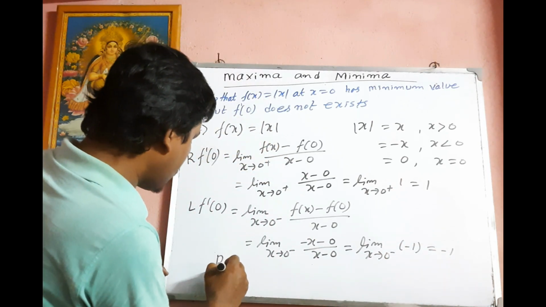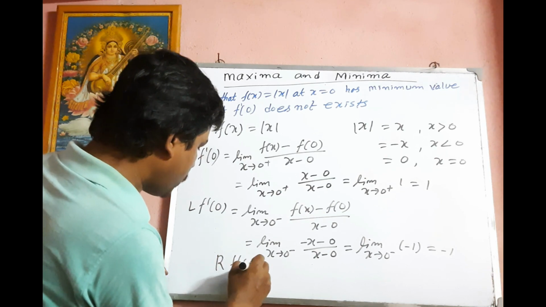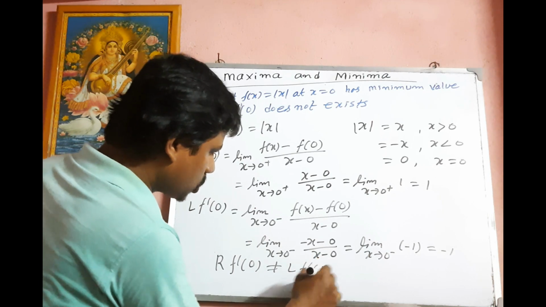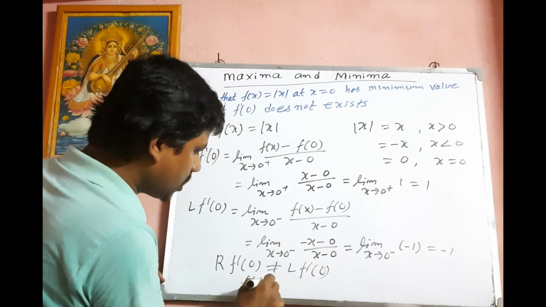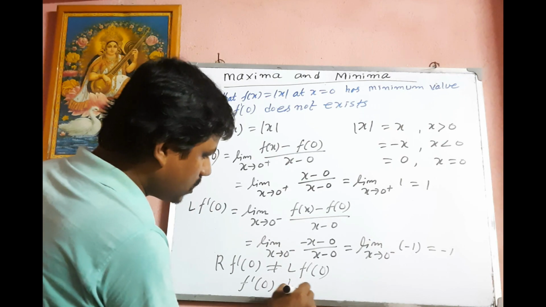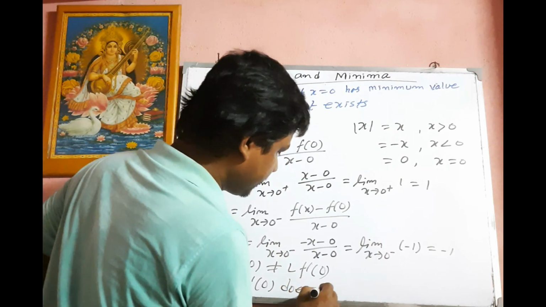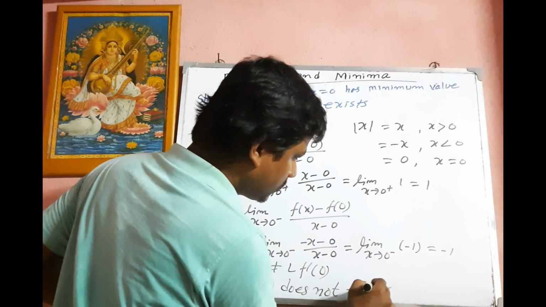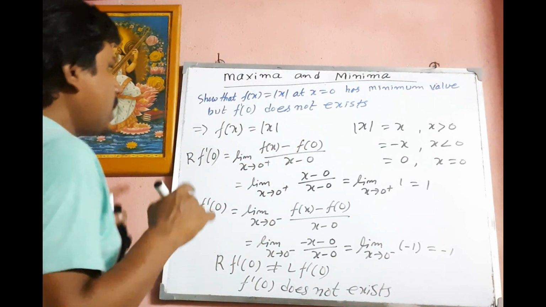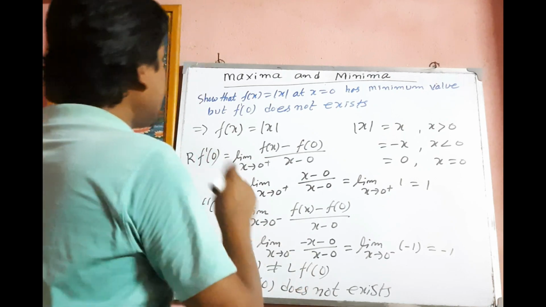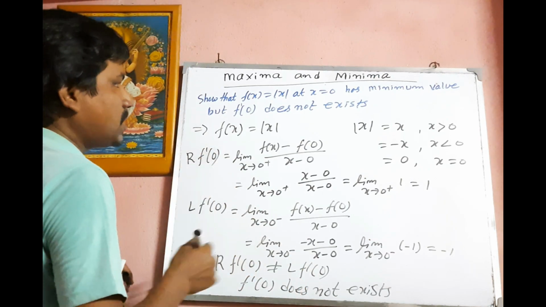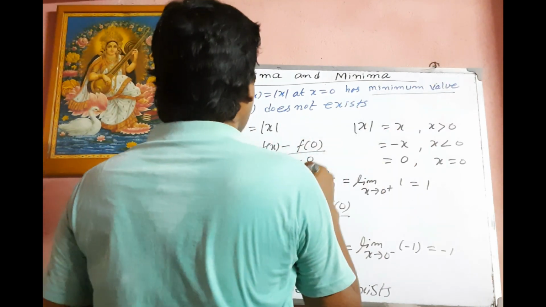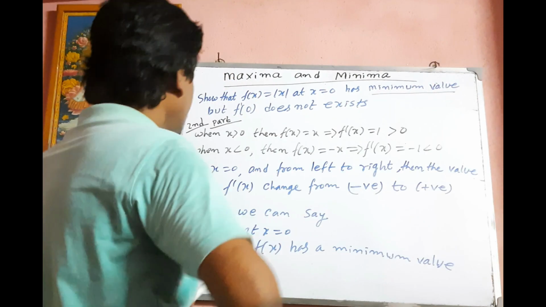Now the right hand derivative and left hand derivative are not equal, so f dash 0 does not exist. So we have proved the first part, that f dash 0 does not exist. Now we are discussing the minimum value of the given function f.